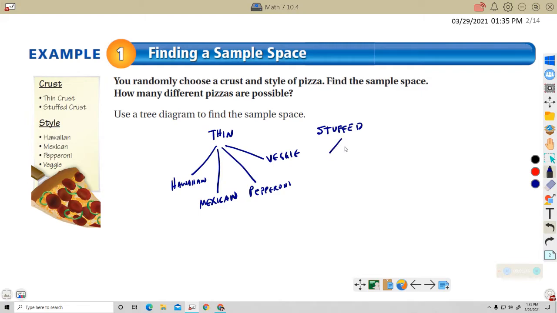Go for the Hawaiian. I can have stuffed Hawaiian. I'm running out of room. I can have stuffed Mexican. I can have stuffed pepperoni. And I can have stuffed veggie.